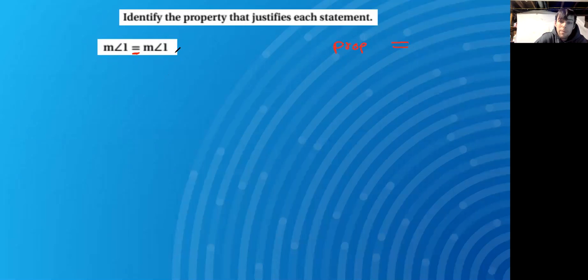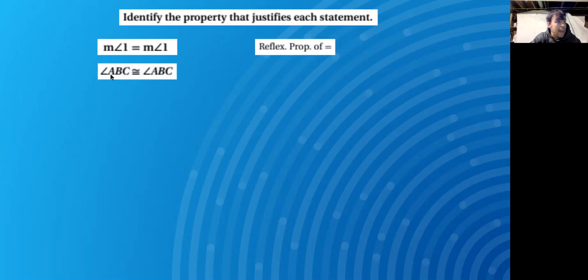And since I have the same thing on both sides, this is what's called the reflexive property. Reflexive property is when you say something is equal to itself or something is congruent to itself. And this is the property of equality rather than the property of congruence. So reflexive property of equality.